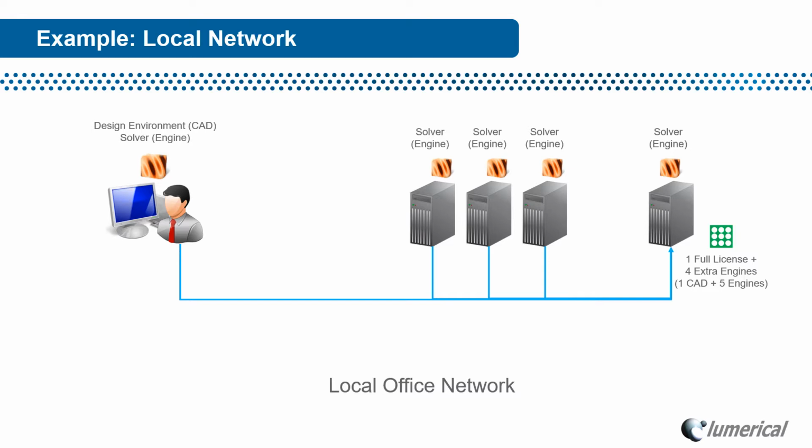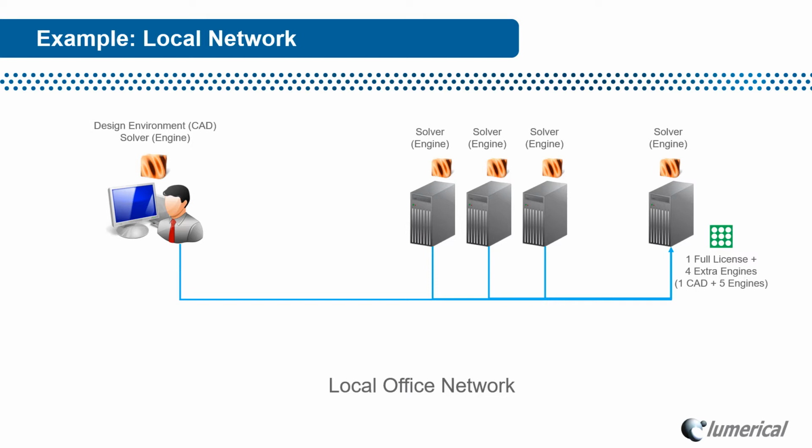All of the licenses will be hosted on a single license manager. The license manager can be installed on any computer in the network. In this example, it is installed on one of the workstations. Next, the software, such as FDTD Solutions, will be installed on all of the computers. Typically, this user will run the CAD application on his desktop.